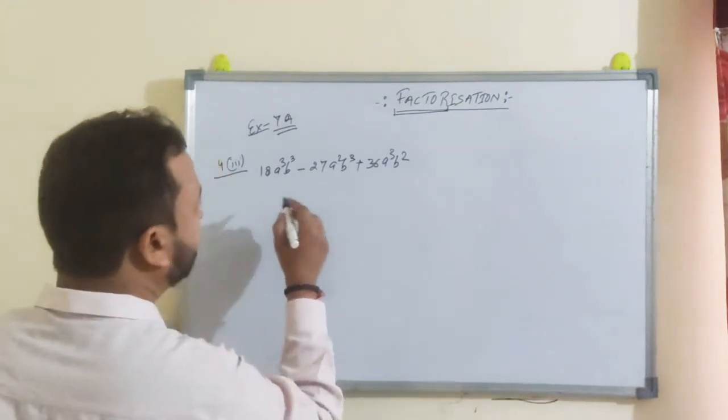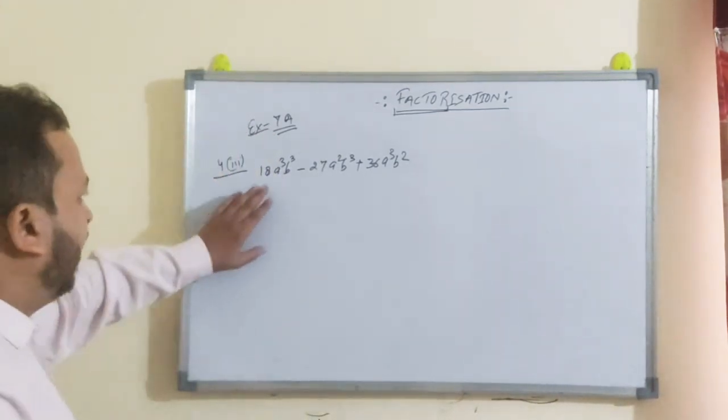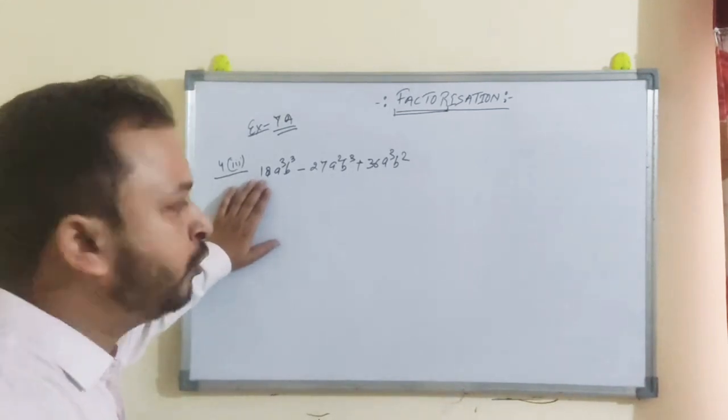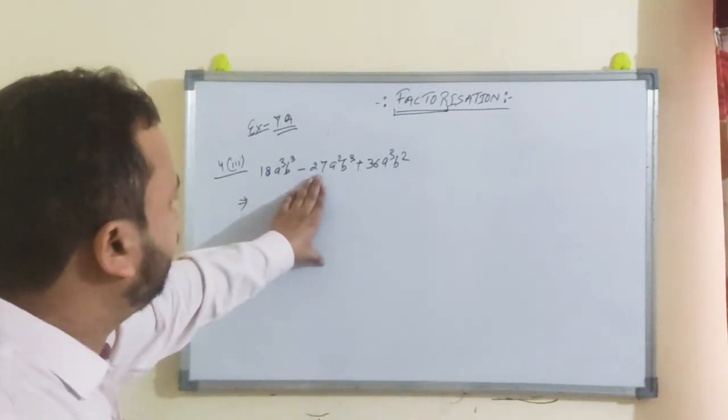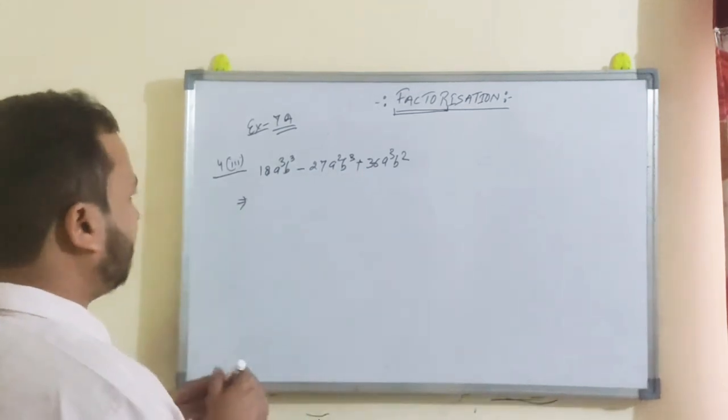Right? So here 18 means 9 into 2, 27, 9 into 3, 36, 9 into 4, right? So we should take 9 common.